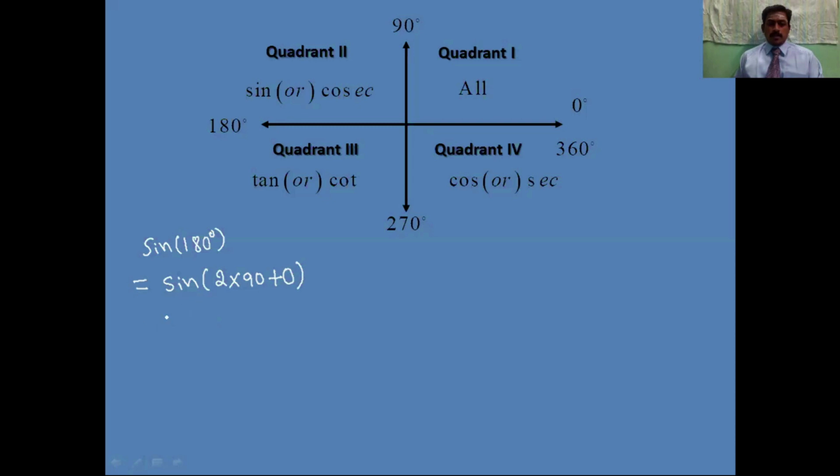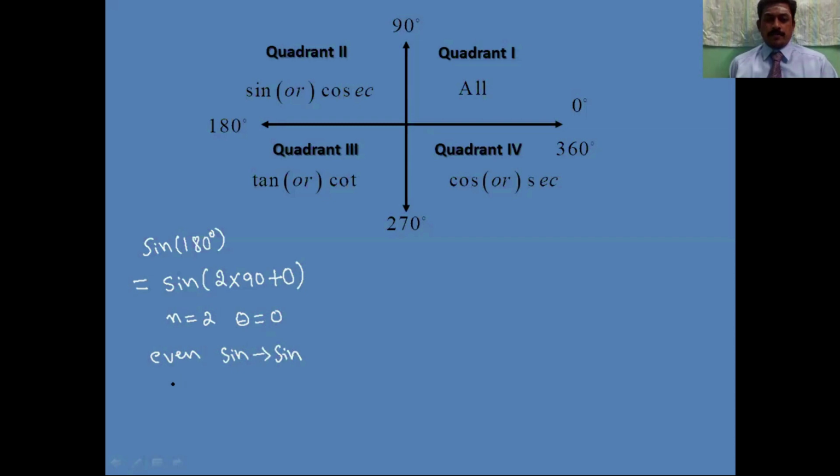So if you compare this, here your n value is 2 and your theta value is 0. So when n value is even, no need to change the trigonometric. So sine can be written in the form of sine. So therefore, your sine 180 degree can be written as sine of 0.